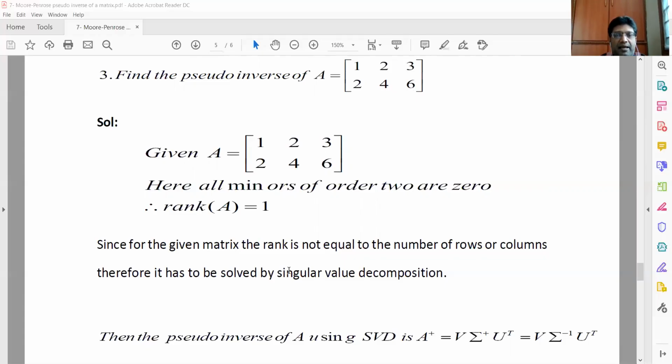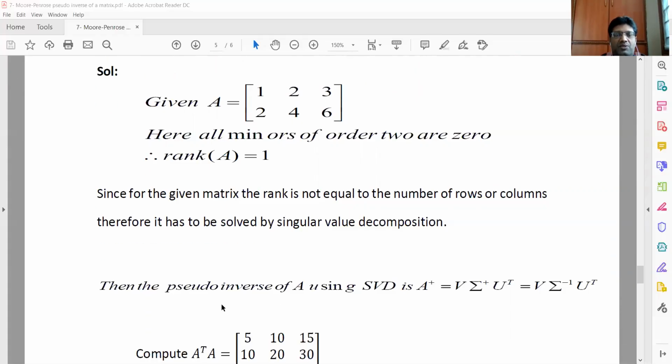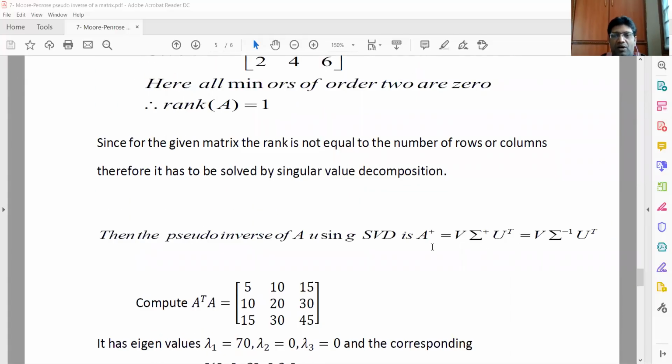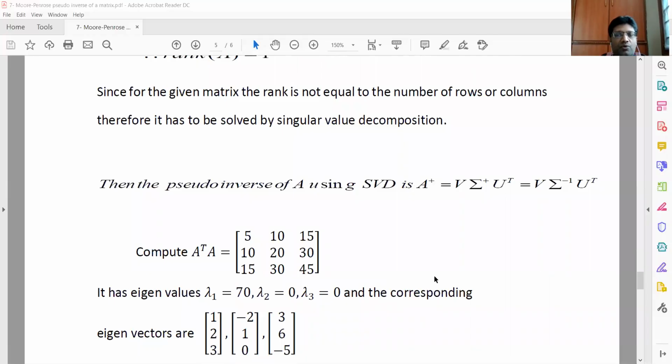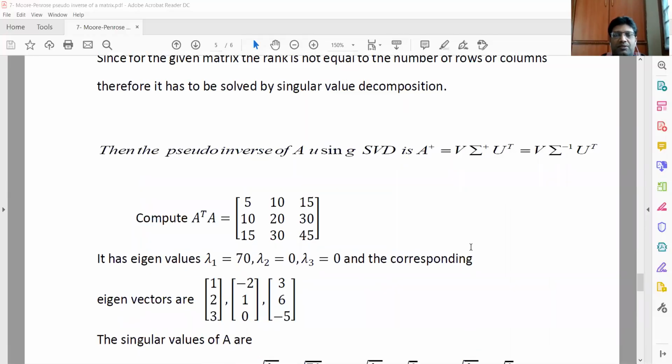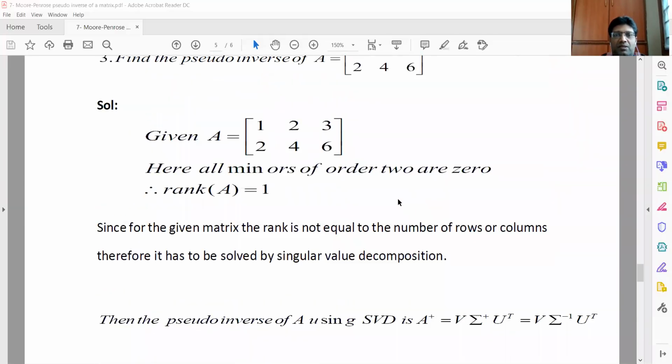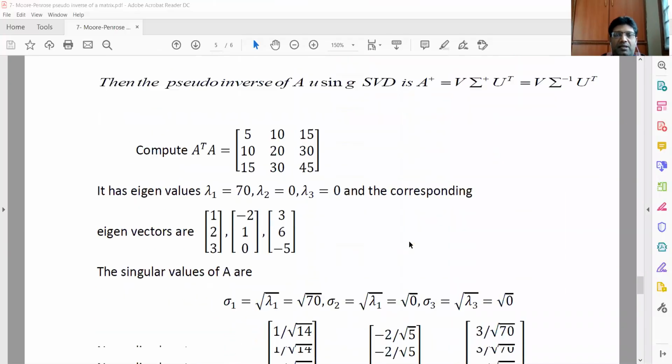Whenever it is rank deficient, you have to calculate its pseudo inverse with the help of the SVD formula. This is the SVD formula we are using. To calculate the pseudo inverse, you have to use this formula. We know how to calculate the pseudo inverse, right? The matrix is this one. In order to get V, first I have to calculate A transpose A. This is A transpose A, and the eigenvalues we got are these, and the corresponding eigenvectors are these.